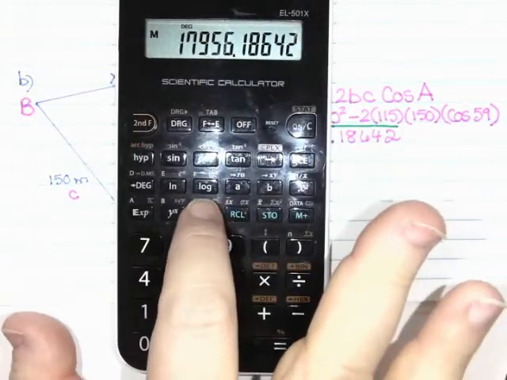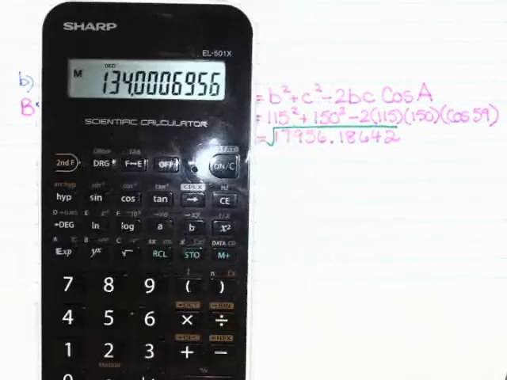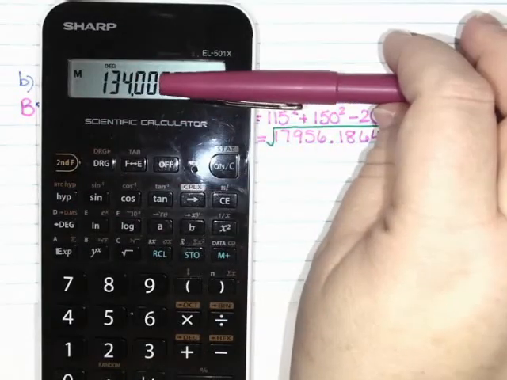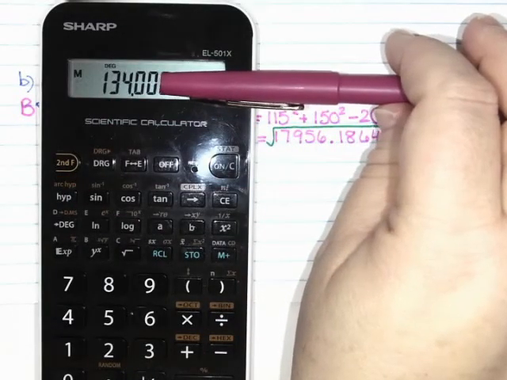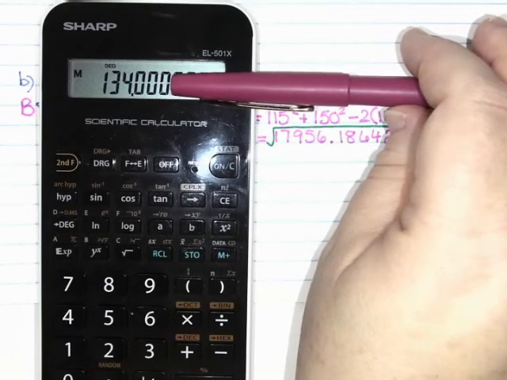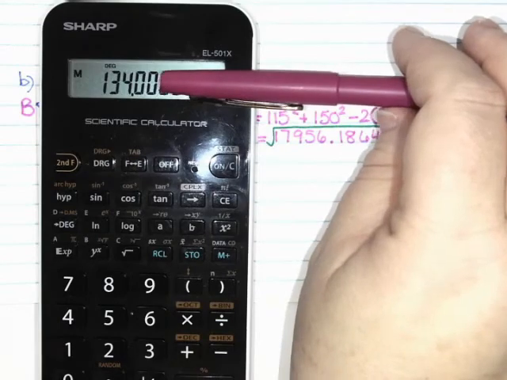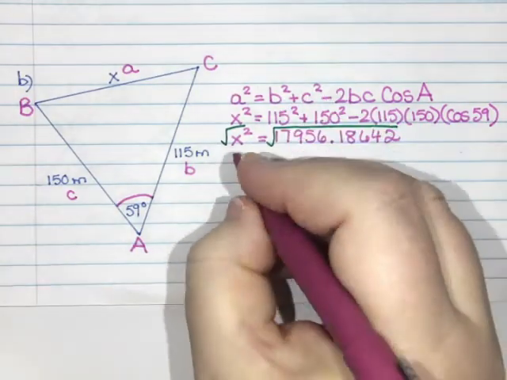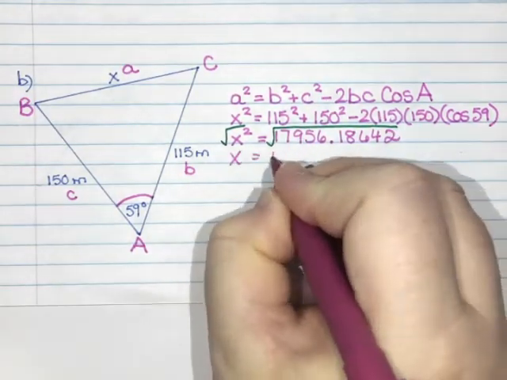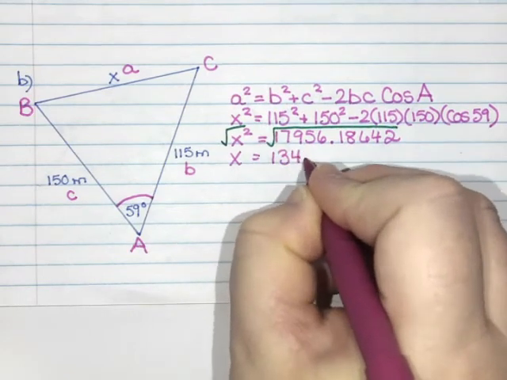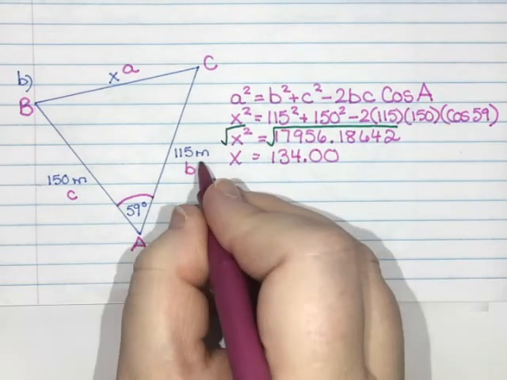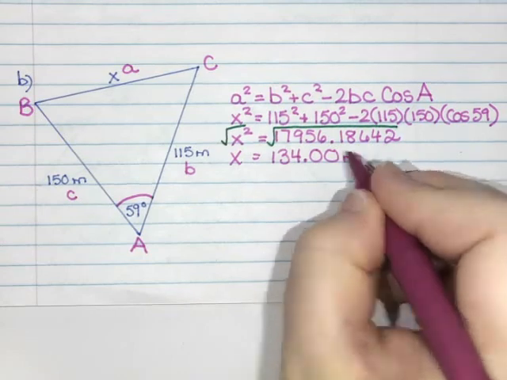But either way, I'm just going to hit my square root button, and I get 134.00. I take a peek at the next number, which is another 0. So this is going to be 134.00. And that should be in meters.